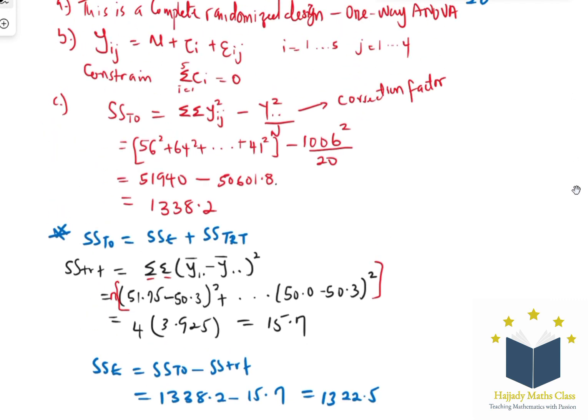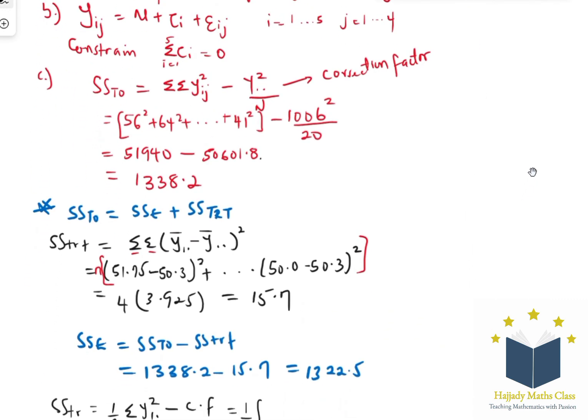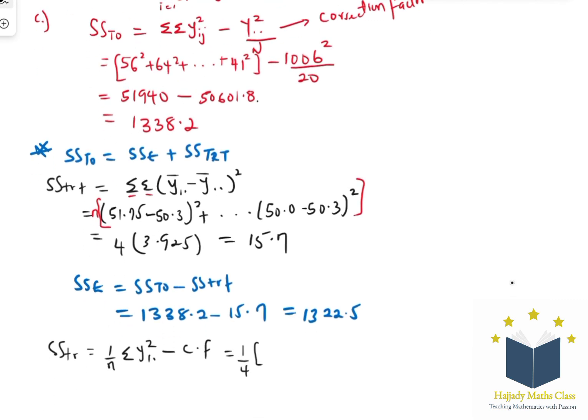Looking up here, my yi. is 207 for the first one, 201 for the second one, up to 200. So this is 207 squared plus 201 squared, and up to the last one, 200 squared, minus the correction factor.